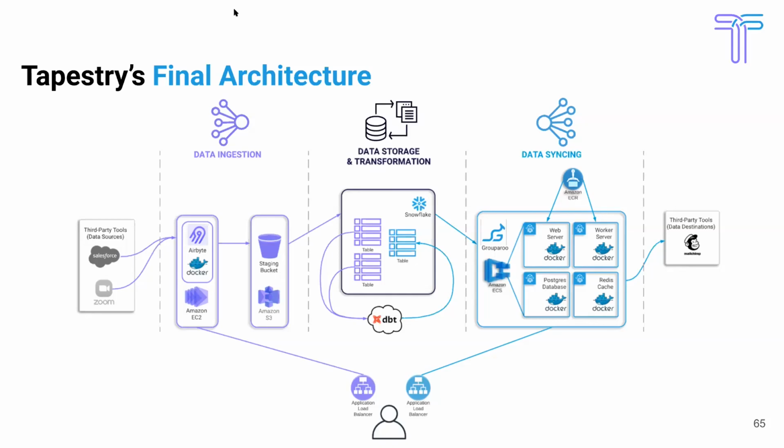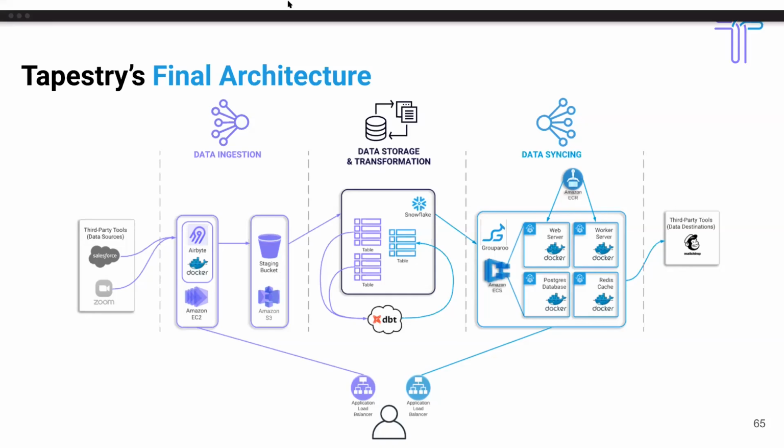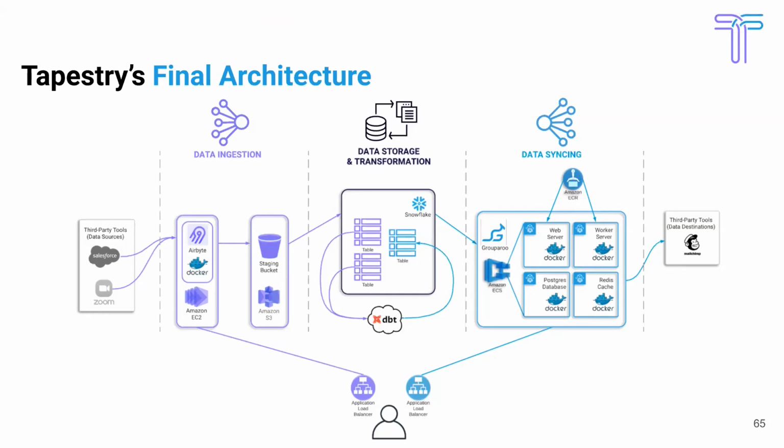I can go ahead and take that one. Thanks, Kyle, for the compliment, first of all. Definitely the data syncing piece was the most challenging for a couple of reasons. On our data ingestion side, the tool that we used, Airbyte, in order to configure sources and destinations, you do that through either a UI or their API.